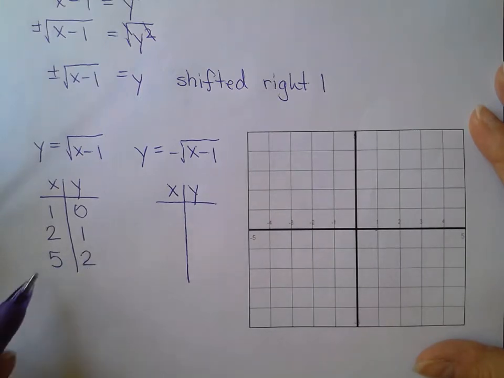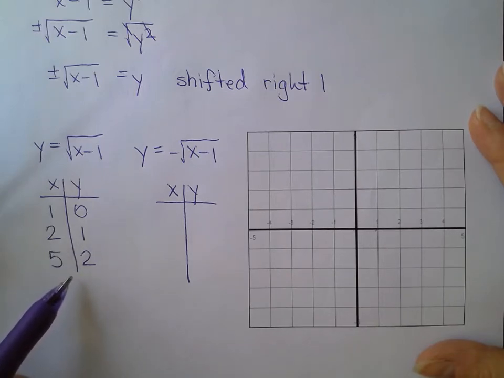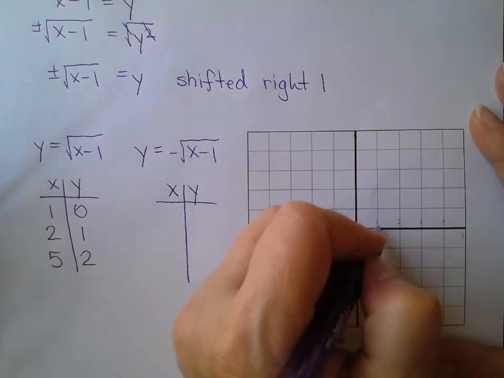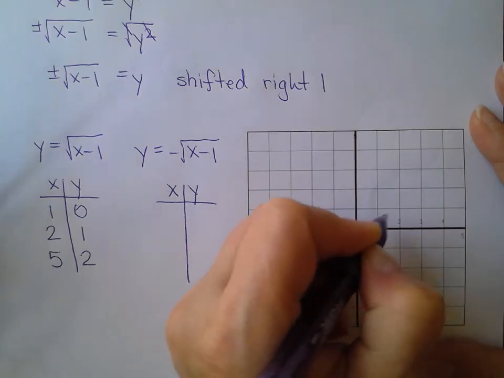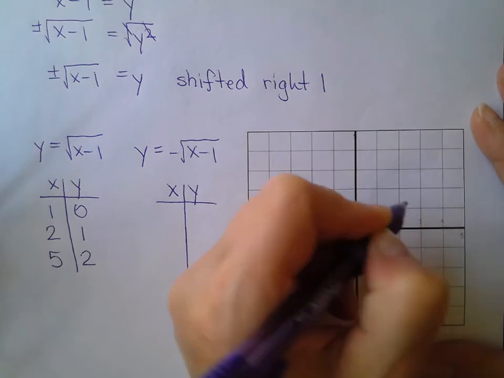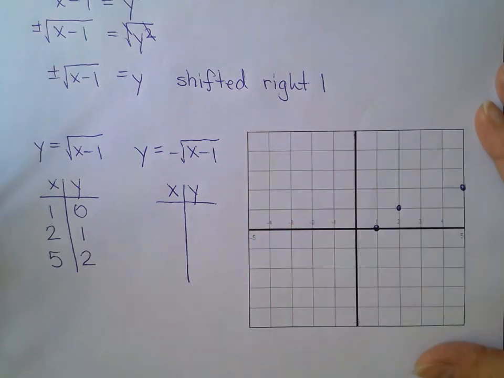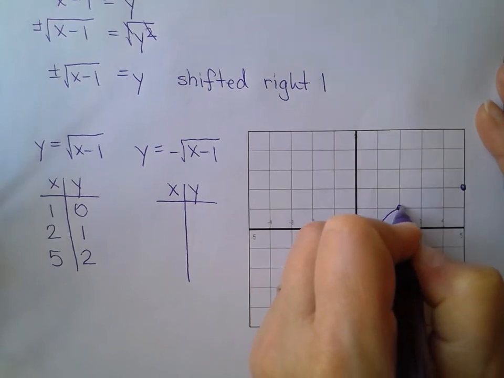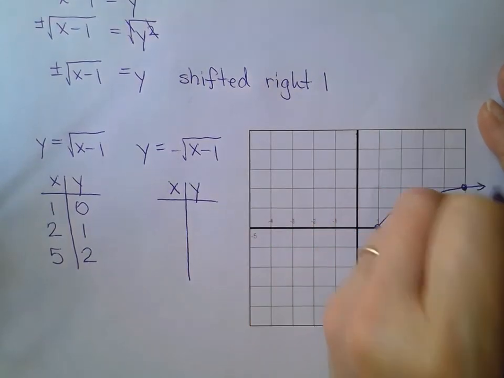Okay, now it's not essential. You could have done 1, 2, 3. But if you want to make nice round numbers, these work nicely. So if we plotted these, we have (1, 0), (2, 1), and (5, 2). This is the top half of the parabola that's on its side.